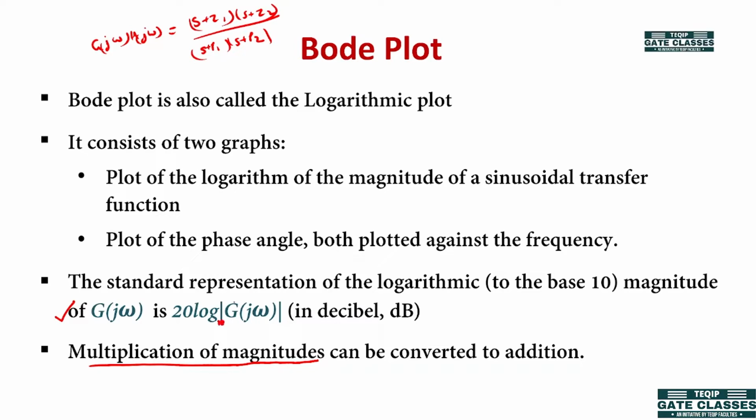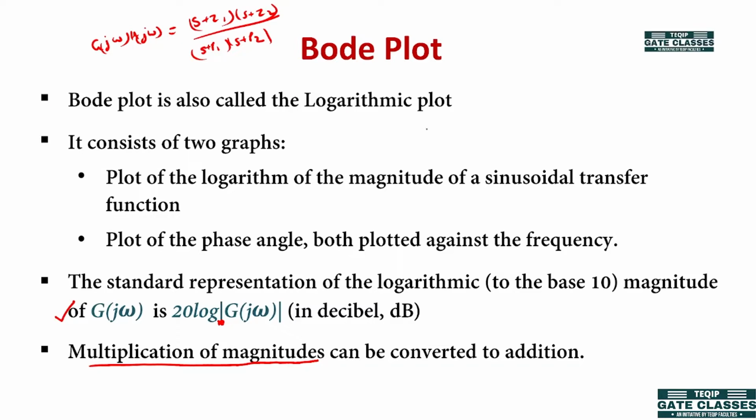So in all the coming slides, coming lectures, if we have written log A, it simply means log base 10. I am not writing base 10 separately; this automatically means log base 10.